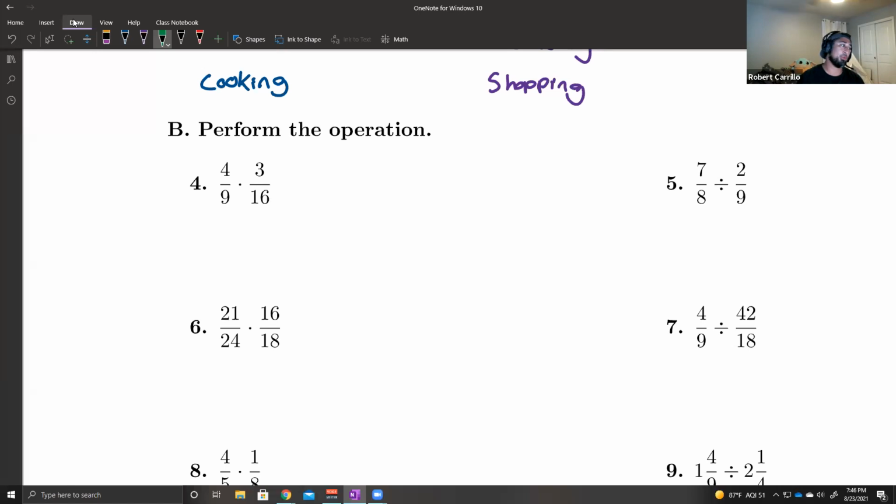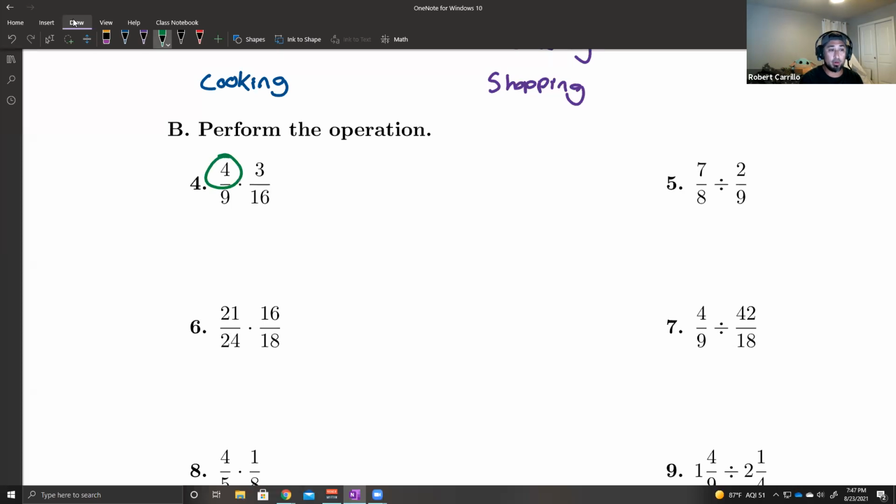Okay. So number 4 says 4/9 times 3/16. Whenever you multiply fractions, you multiply them straight across. Well, before we do that, we can do a small operation called cross cancelization. We can cross cancel. So instead of multiplying those two numbers, why not cancel some terms?